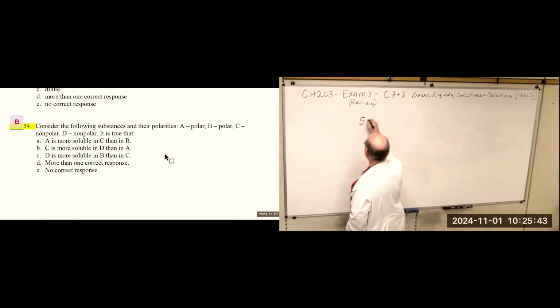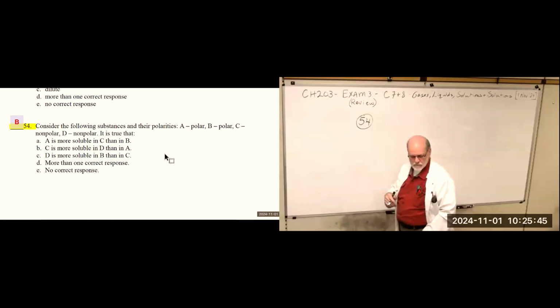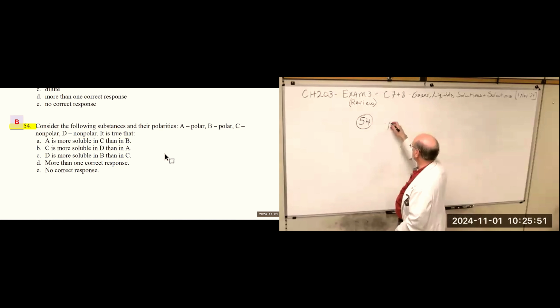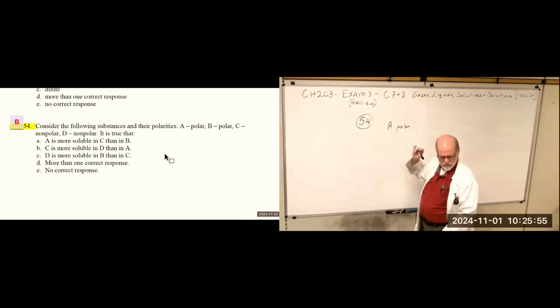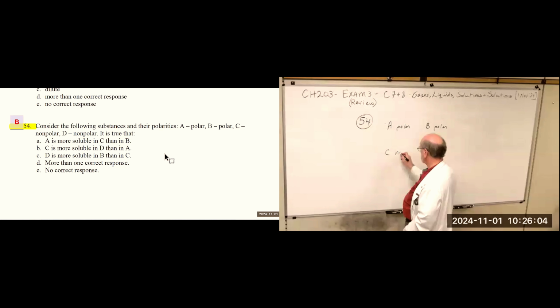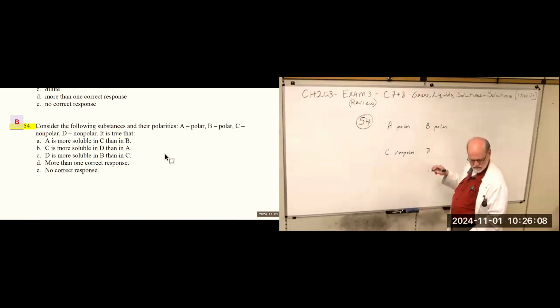54. Consider the following substances and their polarities. Okay, A is polar. B is polar. C is nonpolar. And D is nonpolar.